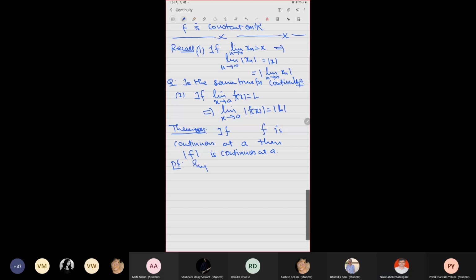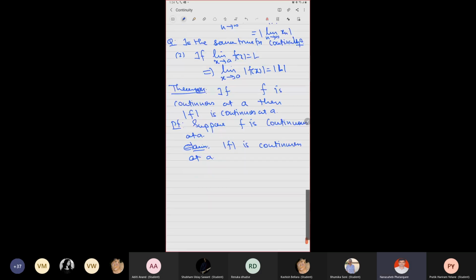Suppose f is continuous at a. Therefore, what is our claim? The absolute value of f is continuous at a. So this is our aim. Means what we wish.